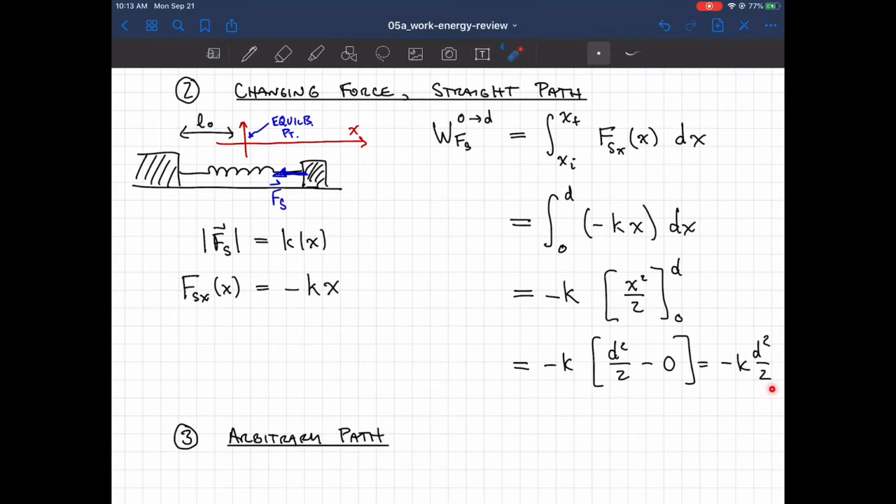Let's just look at that qualitatively for a second. We found a negative work done by the spring force as you move it outwards, and that makes sense because over every single little segment, delta r, the force of the spring is in the opposite direction of the displacement as we're moving along there. So that will give negative values of the work, and then you add them all up and you'll get some negative value.